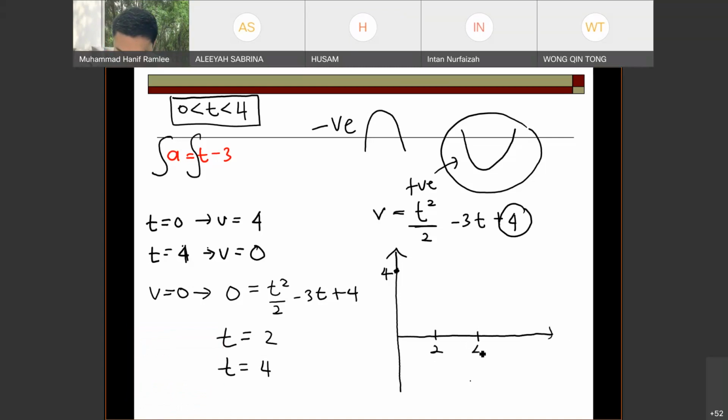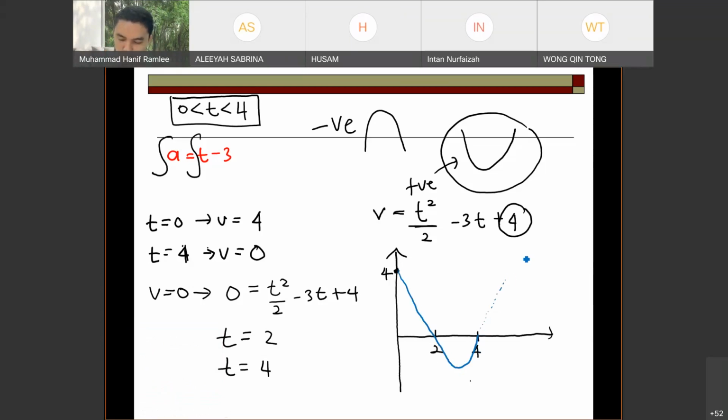Two, 4. And then the graph should be like more or less that. More or less. And then it should be further like this.